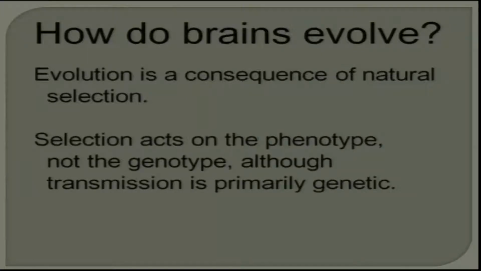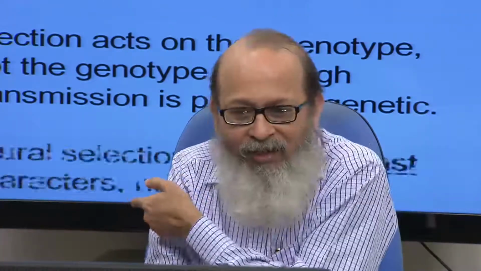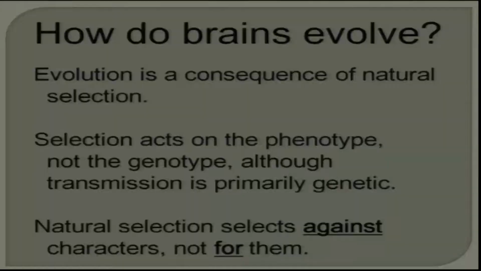It acts on the phenotype, not the genotype. Although transmission is genetic, phenotype is what is expressed and materialized. Animals live or die on that, but actually it is the genes which are transmitting this. If there is a deficit, natural selection will try to eliminate it, not favor it.